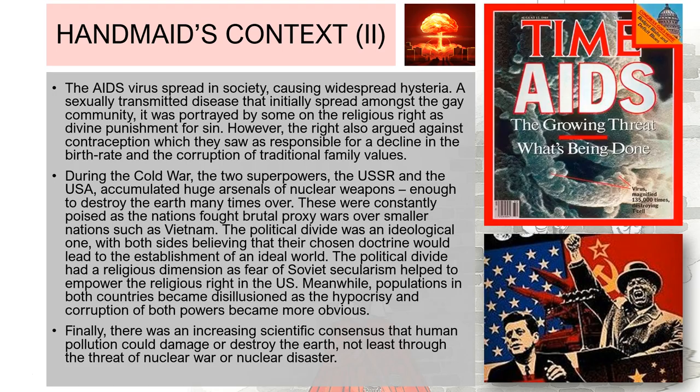We've also got this ongoing background war, the Cold War in the 1980s, formed between two ideologically opposed superpowers, the Soviet Republic, the USSR, and the USA, and these two silently warring superpowers are accumulating massive amounts of nuclear weapons, enough that could destroy the world many times over.